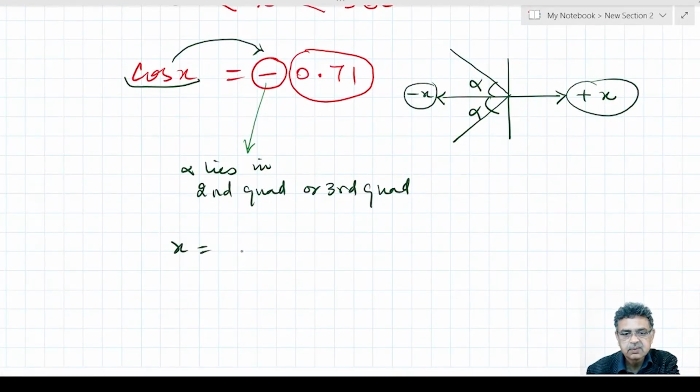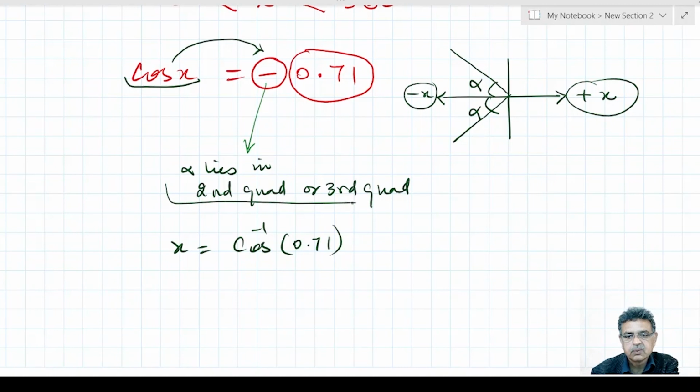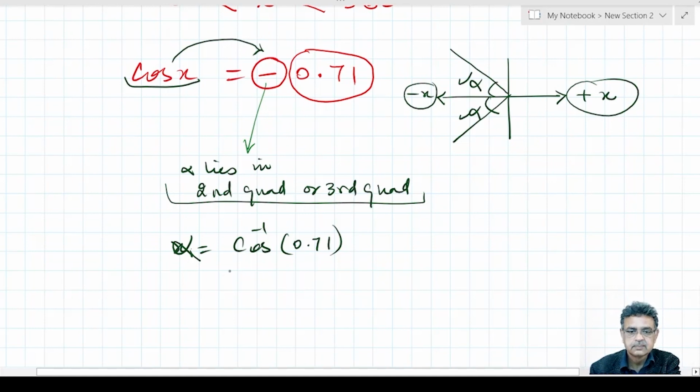So what will we do? x is equal to cos inverse. Have you noticed one thing? That we have not considered this negative here. And the reason is that we just want to know this value of reference angle. Or you can say that we want to know the value of alpha.